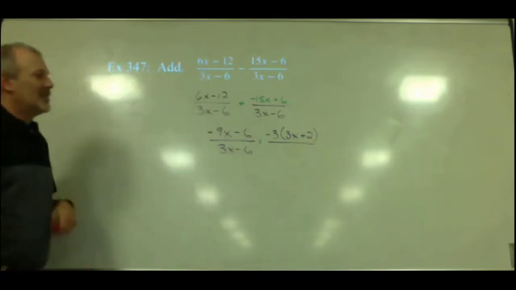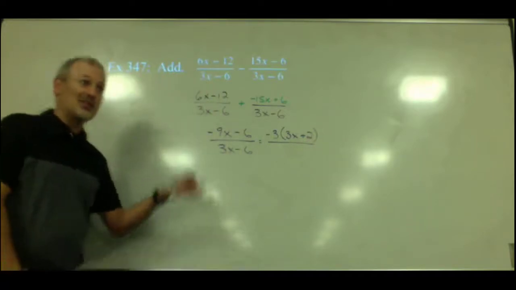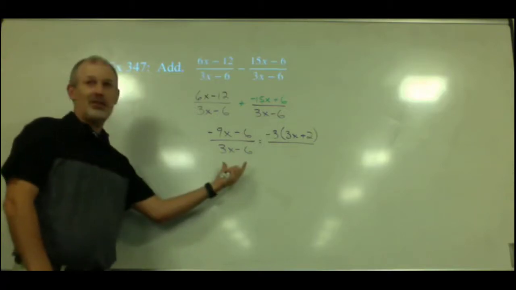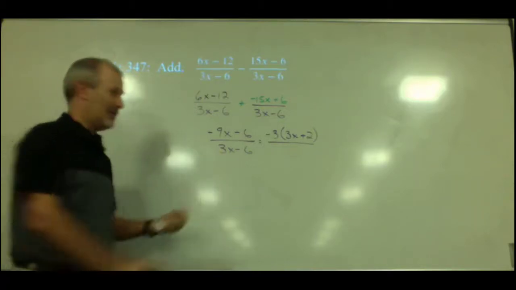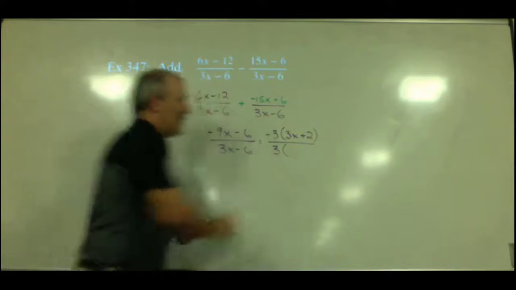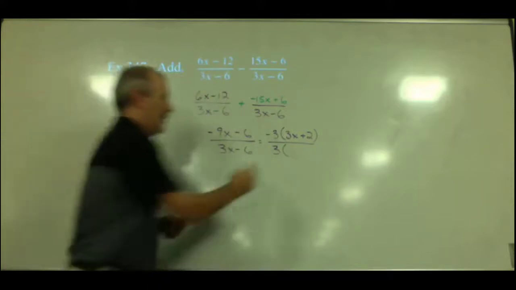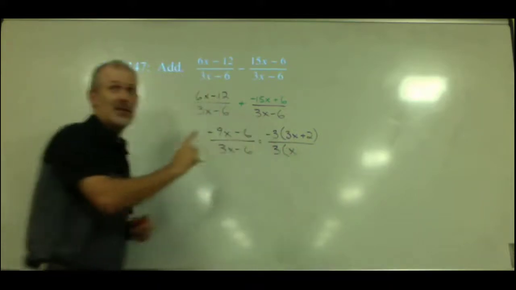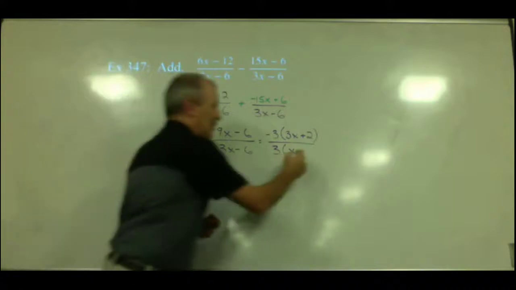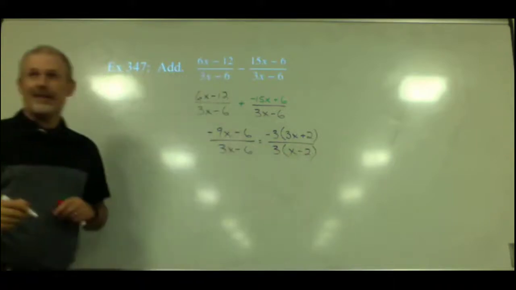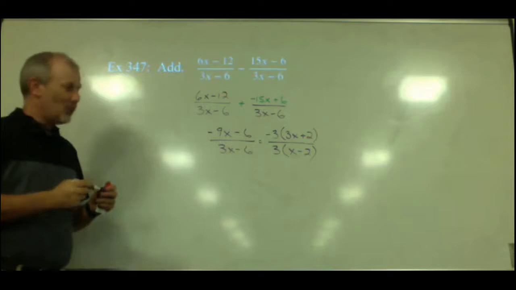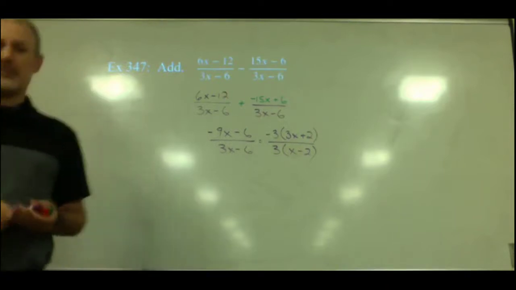Okay. So then let's see, since we could factor the numerator, let's go ahead and factor the denominator. What can we factor in the denominator? A 3. And what's going to be left down there? x minus, be careful, x minus 2? Because we're dividing, right? So what do we see that we can cancel?